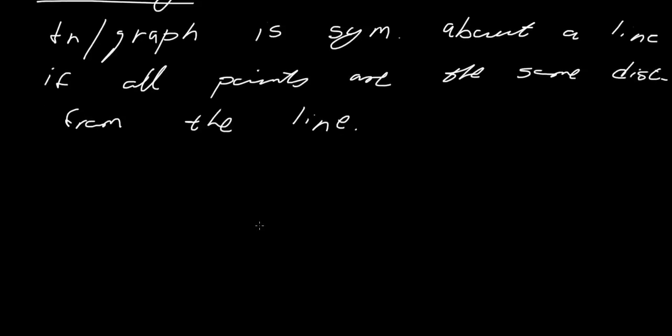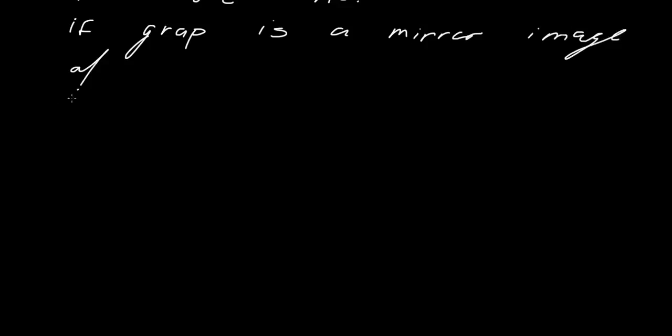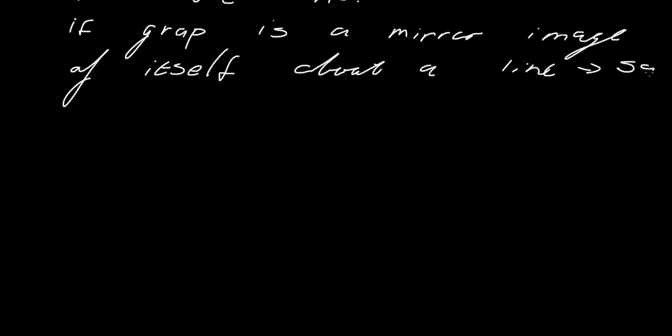Basically, if the graph is a mirror image of itself about a line, then it is symmetrical. So the definitions are a bit difficult to understand. It's way easier if we just do a few examples.